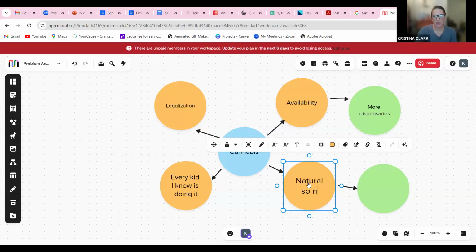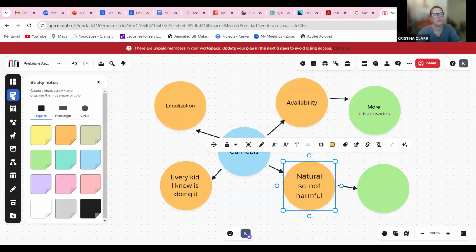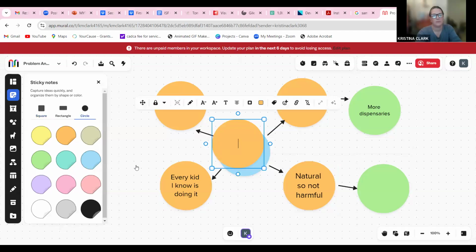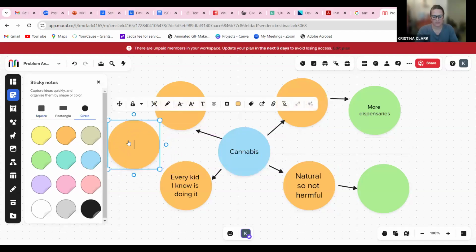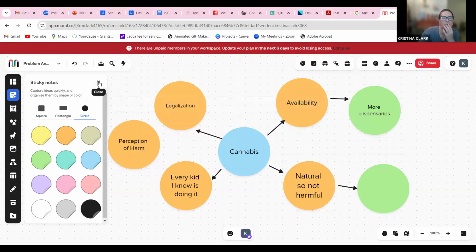Natural, so not harmful. All right, see, reduced perception of harm because it's legal. Anything else?